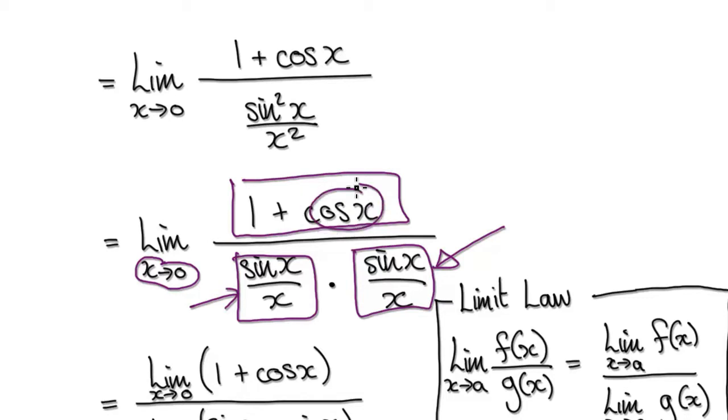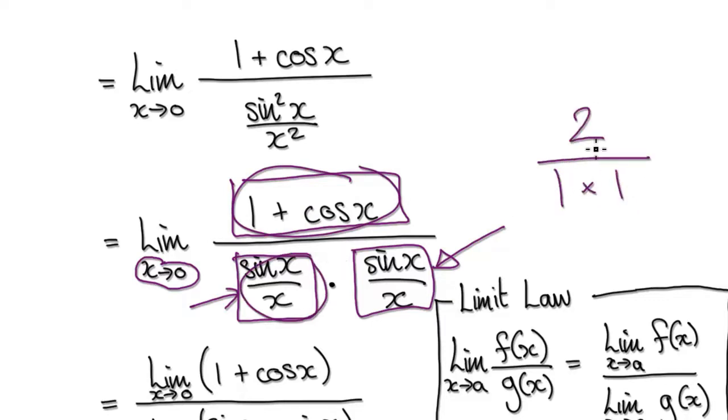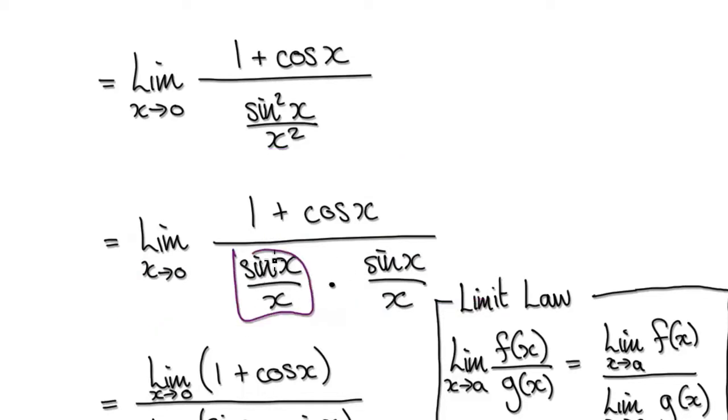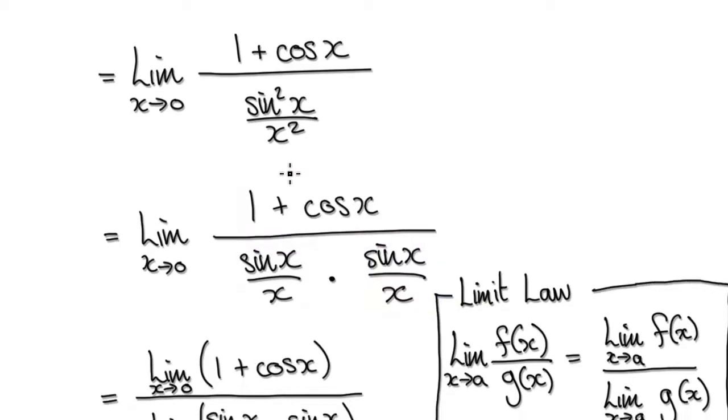So 1 plus 1 would be 2. I hope in your mind you can see that this thing here will be 2, and then this thing here will be 1 times 1. So you can have a quick glance to see that it does equal 2. So when you get to this stage here, I hope you can see that this is going to be 1, this is going to be 1, this is going to be 2. But let's do it technically correct.